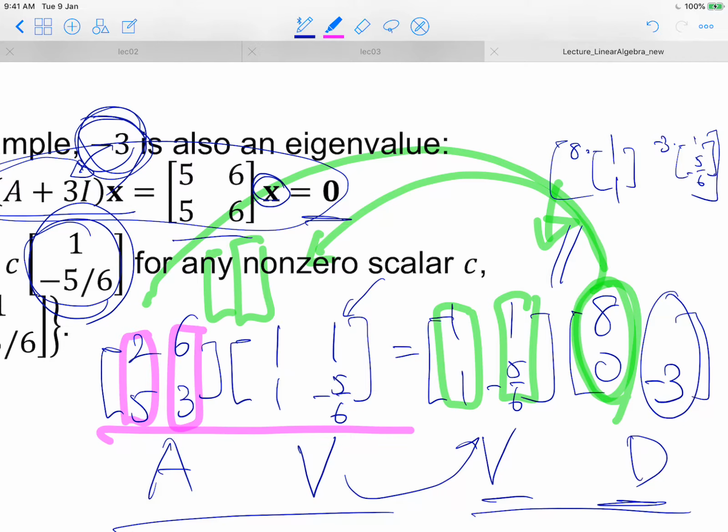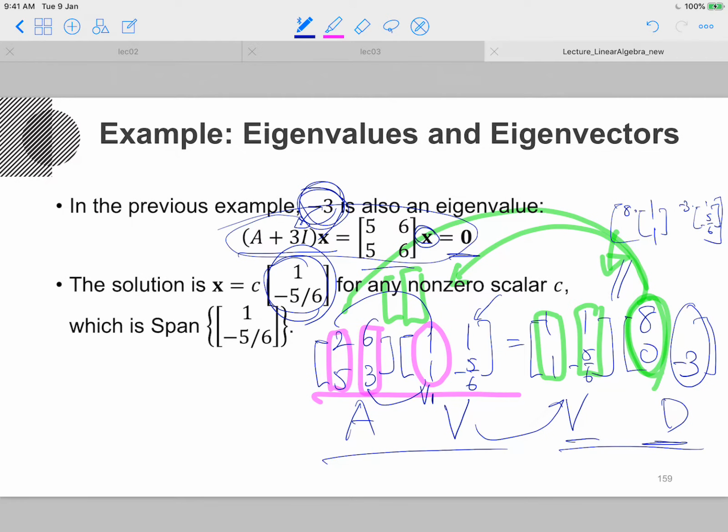On the left hand side, we have the matrix A that has two columns, and also this vector, for example, the first eigenvector V1, and it will work as the linear combination coefficients. More importantly, at a high level, the first column of the resulting matrix AV will be A times V1, right?